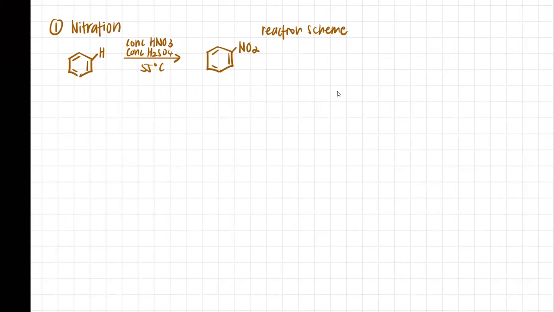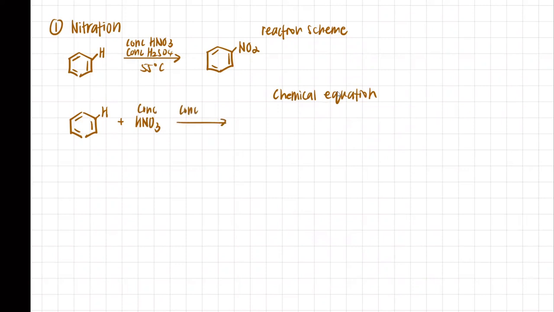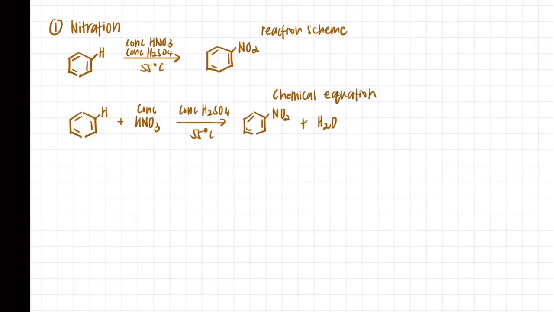But in case we are going to write it as a chemical equation, 如果你要把它写成 chemical equations 的话呢，你的 reactions 就会变成这样子。Okay, this is the chemical equation.